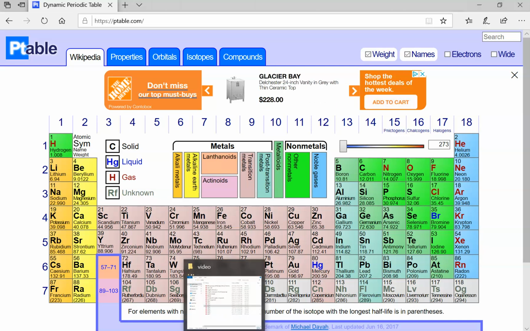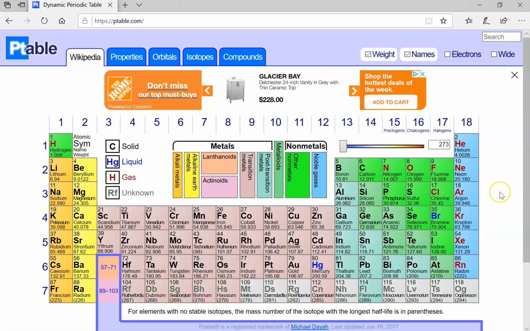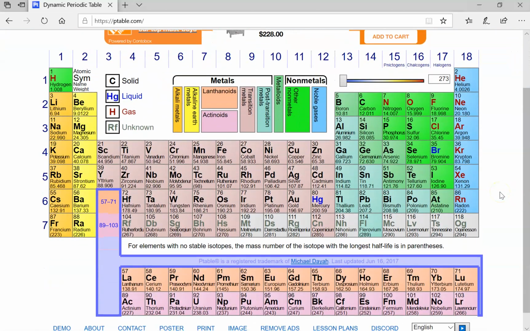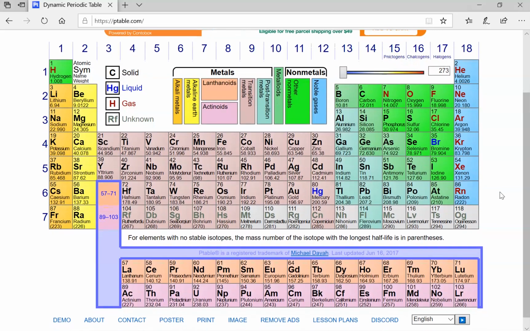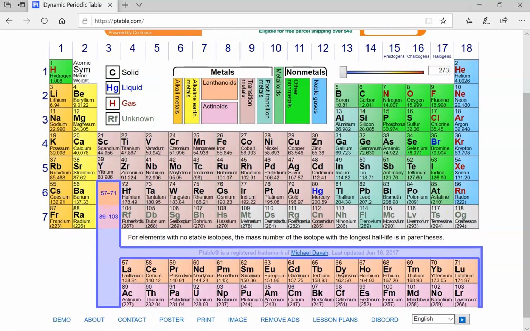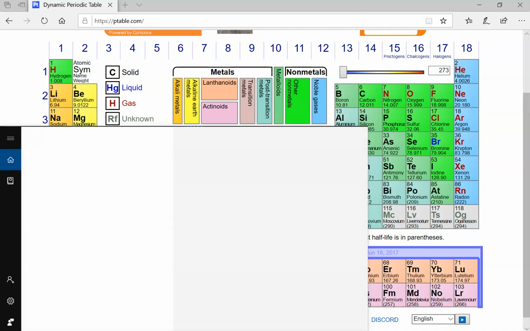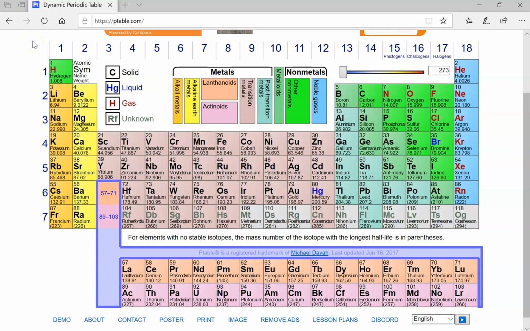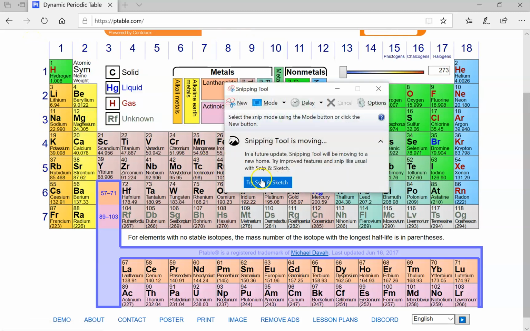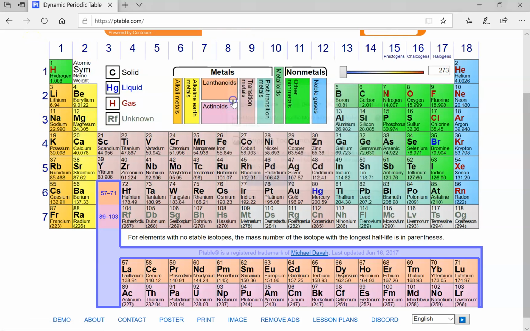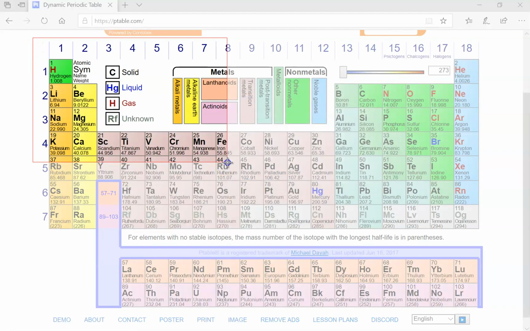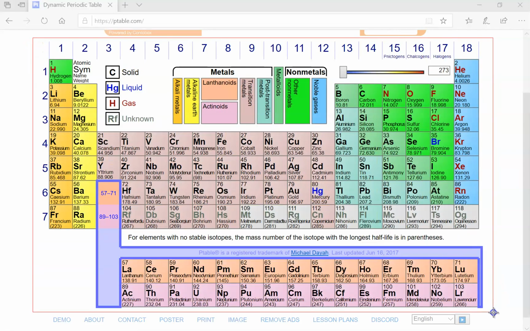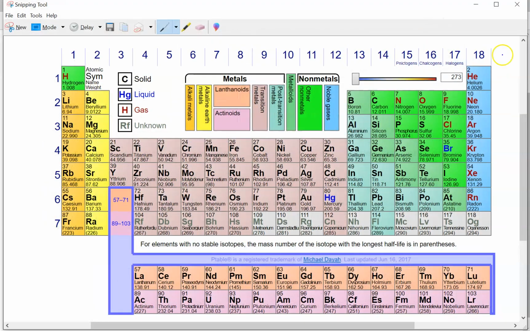For this, we will kind of have to, let's see if I can. Snip. I just need this bit so that I can write on it.